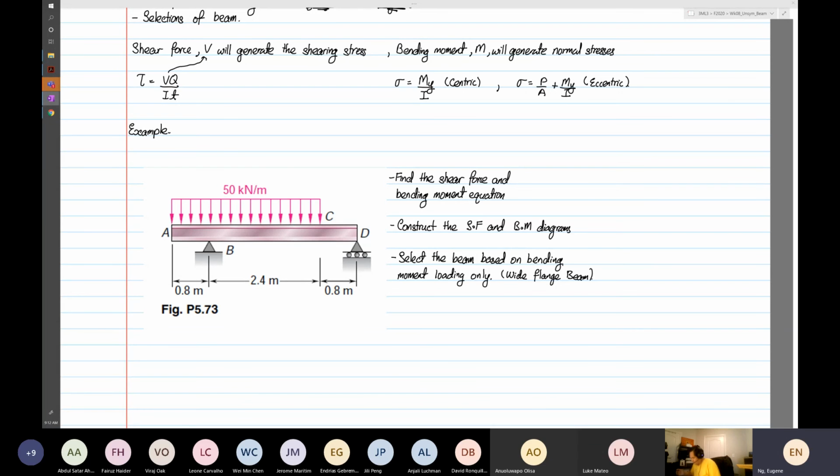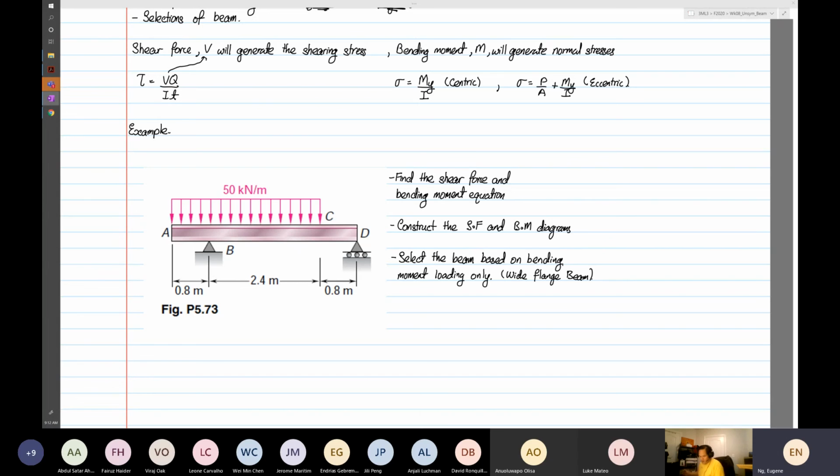So for this case, we're going to use a wide flange. More importantly, when I'm doing this example, I'll mention the theories. When I start doing the theories, I'll put everything in a box so you know what is theory and what to remember. But I'm going to work through this based on this example.